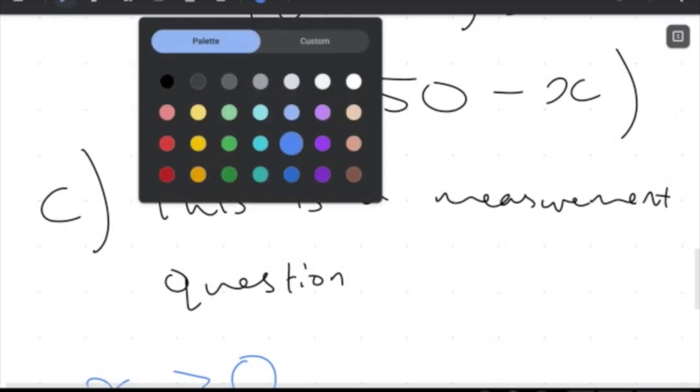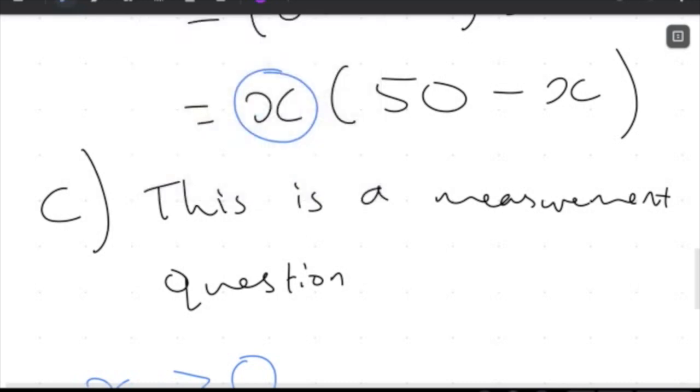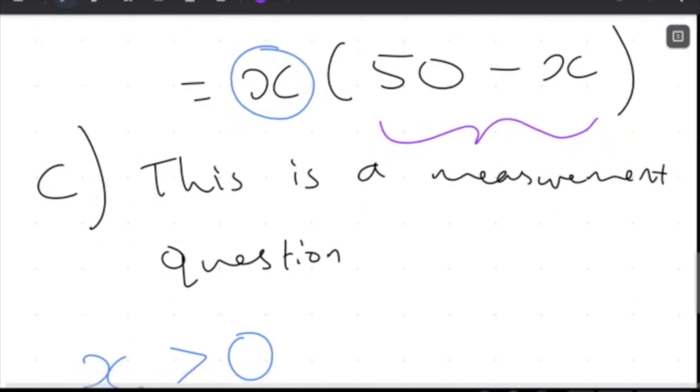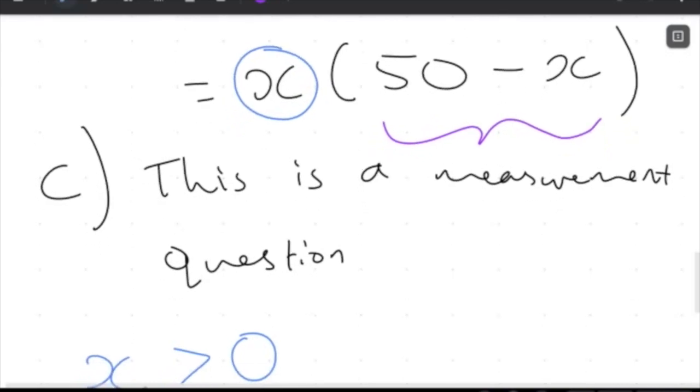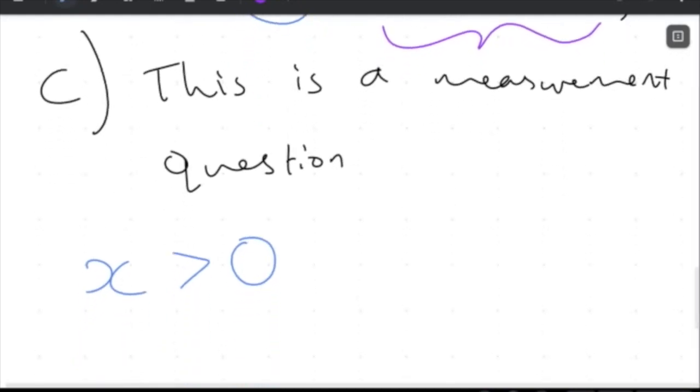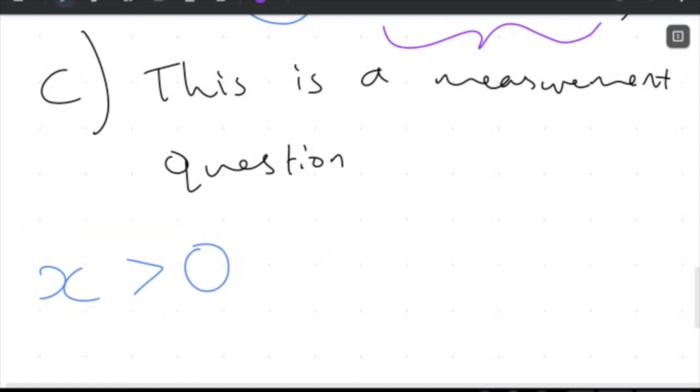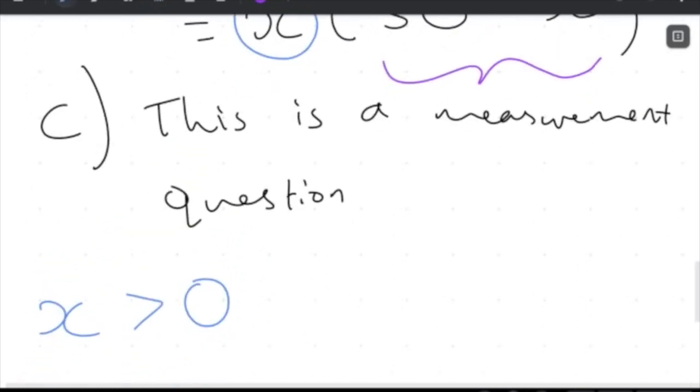But now also my length here, 50 minus x, also needs to be greater than 0, because I can't have a negative length. So I also want to write that not only is my breadth going to be greater than 0, my length, 50 minus x, is also greater than 0.